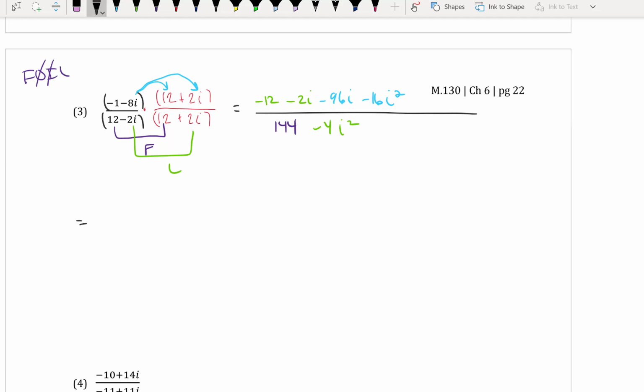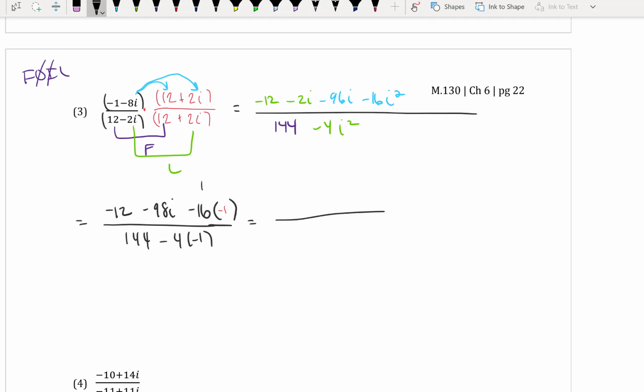So now I'm going to clean this up a little bit. So I have a -12. I have a -2i minus 96i, which is a -98i. And I have a -16 times a -1. So I also have a 144 minus 4 times my -1 as well.